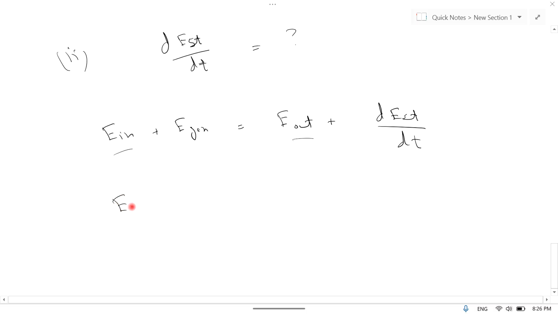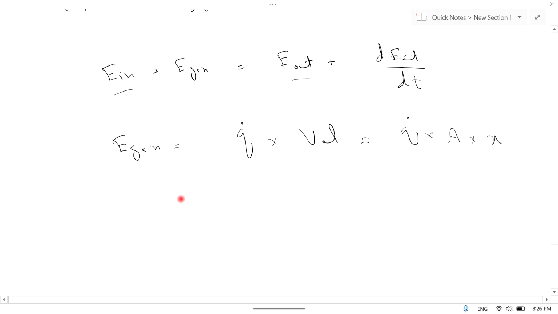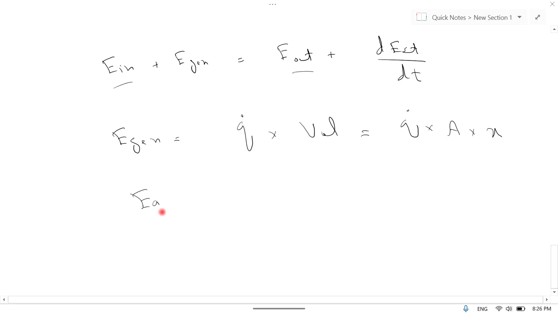Now we have to find E generated. E generated is equal to Q dot in watt per cubic meter multiplied by volume, and volume is equal to area multiplied by thickness. Q dot is given as 3000 watt per cubic meter, the area is 10 square meter, and x is 0.8. So E generated is equal to 24,000 watt or 24 kilowatt.